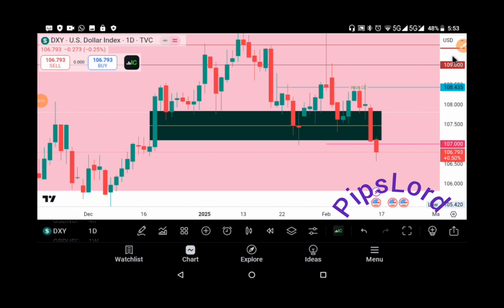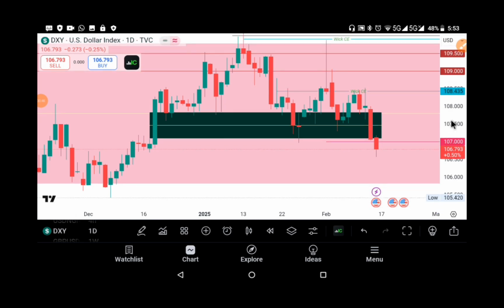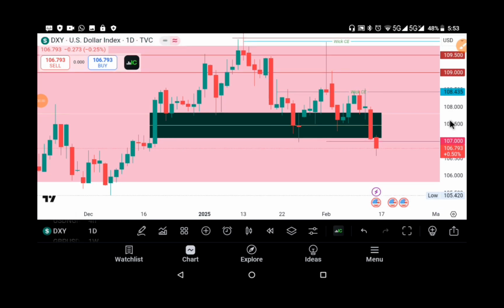So without wasting much of our time, we start from our bellwether, which is the dollar index. What are the levels I called the previous weeks, and what actually happens in the market.